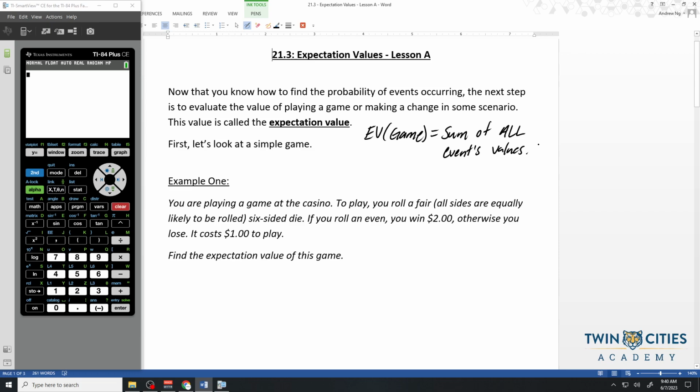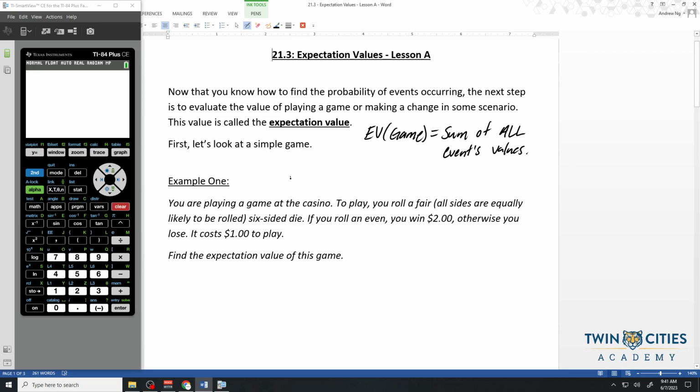In other words, for each event that could occur within a game, what is the value of each of those events, and then add them all together, and that's going to be the expectation value of the entire game as a whole. So how do you find the value of an event then?